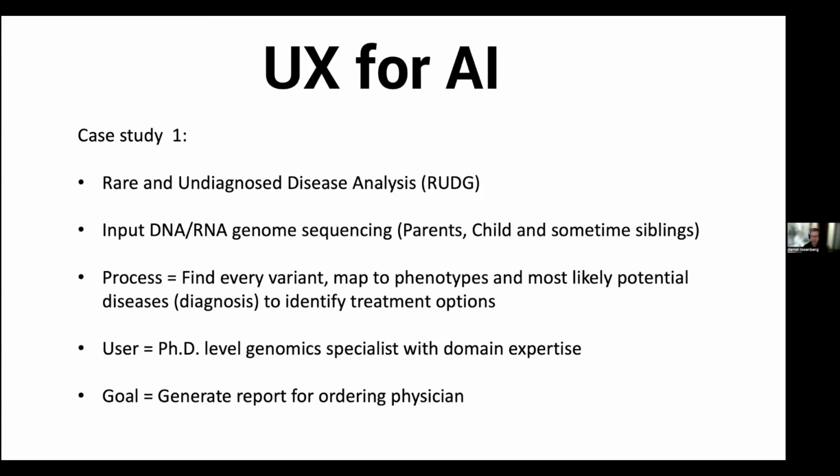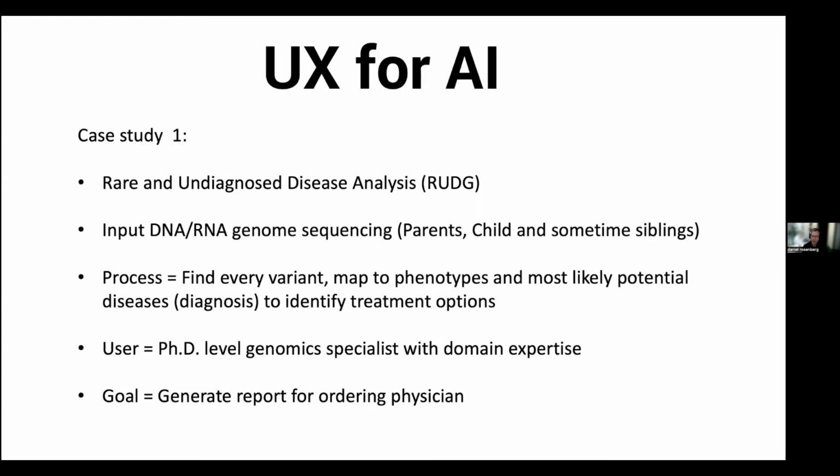And it's a needle in a haystack. So the process is to find every variant in the human genome, map it to the phenotypes, which is how genes express themselves. So the color of your eyes is a phenotype, but also diseases and deformities, et cetera, can fall into that bucket of phenotypes, and figure out what the most likely rare diseases, or potentially even discover a new rare disease.